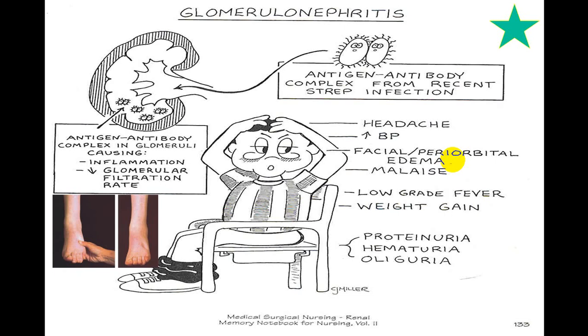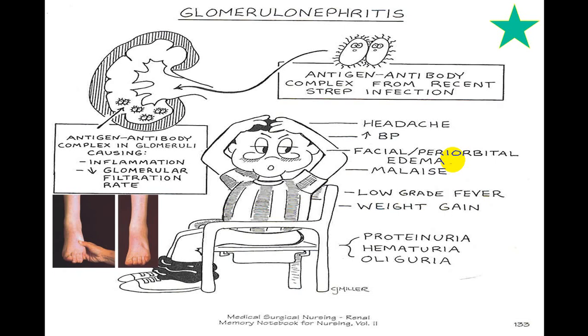Glomerulonephritis is usually present as an antibody anti-GBM complex formation, which will be diagnosed by renal biopsy. The person will have headache because of hypertension, water retention, generalized anasarca, malaise, low-grade fever, weight gain because of retention of water, proteinuria, hematuria, oliguria, and there will be involvement of the kidney which will produce decreased GFR.